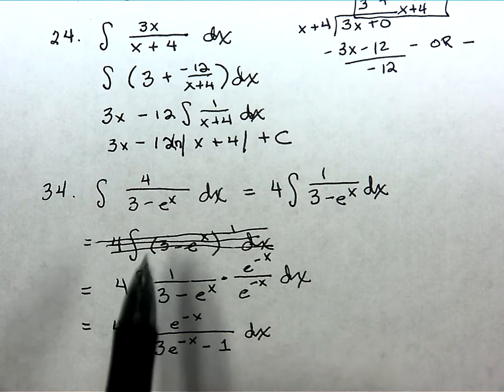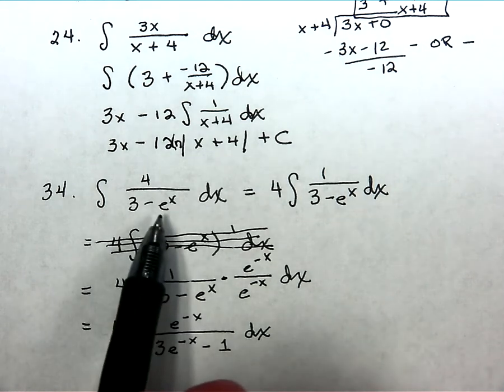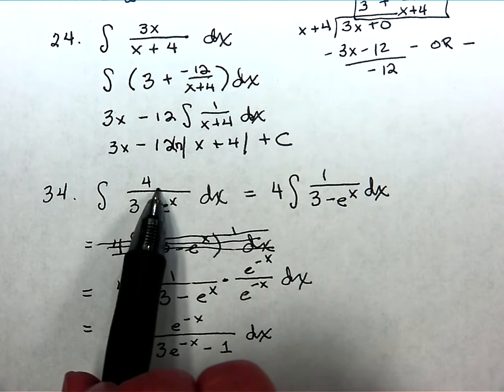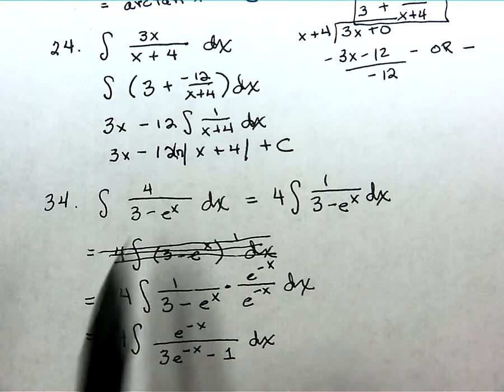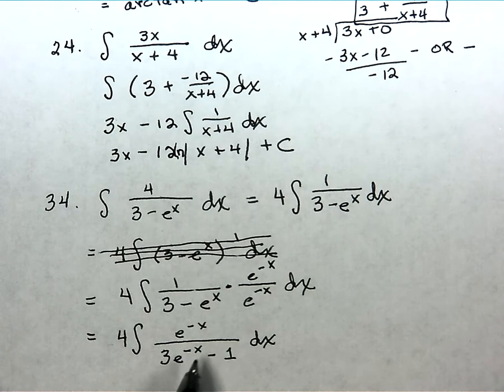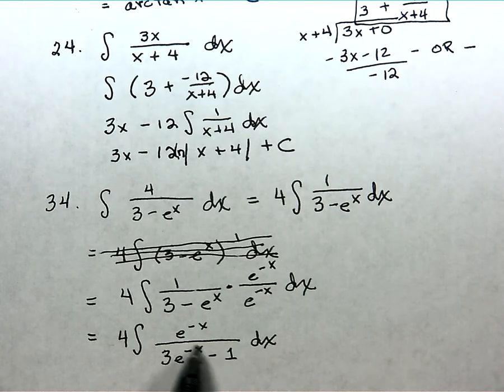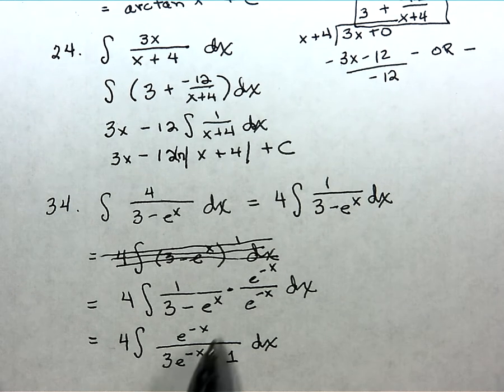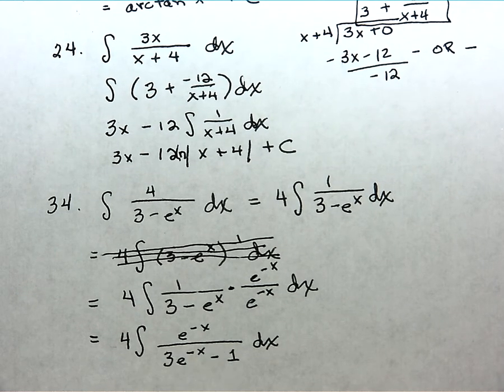The problem here was we had an e to the x in the denominator and we didn't have an e to the x in the numerator. If u is just negative x, we have an e to the u in the denominator and an e to the u in the numerator.